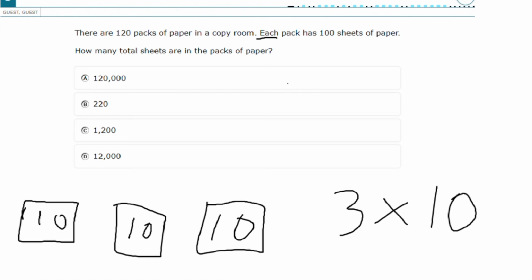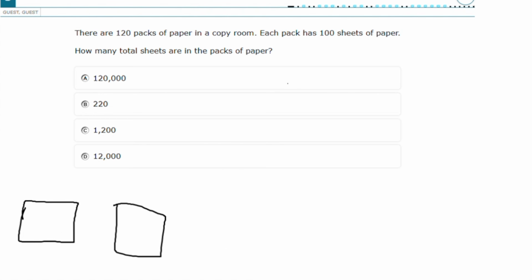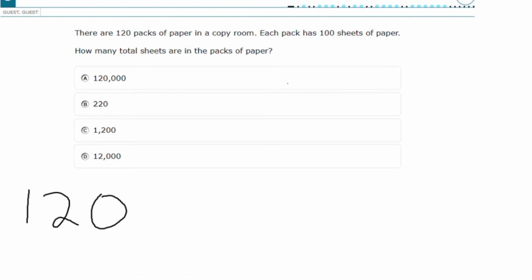And so we're gonna do the same thing with the numbers in our question, all right? So we have 120 packs of paper, and we have 100 sheets in each pack, so it's gonna be 120 times 100. Okay, so 120 times 100.